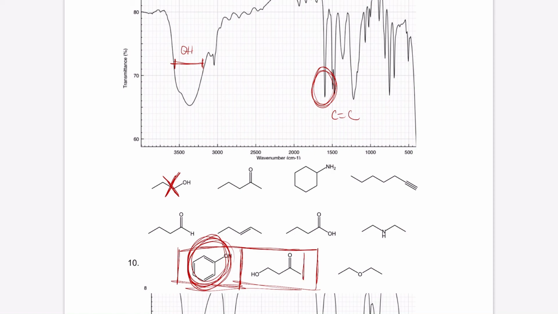If it was our ketone and alcohol containing compound, then we'd have a band at 1700. However, this is not 1700. This is 1600. So that would be our structure for question 9.